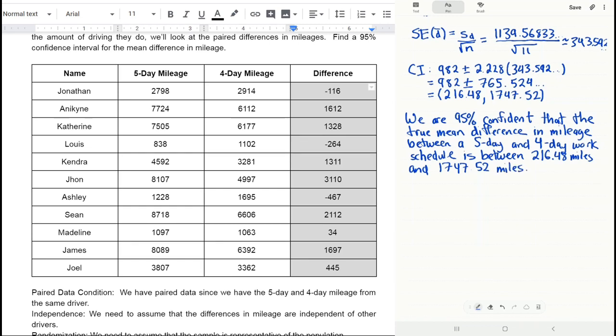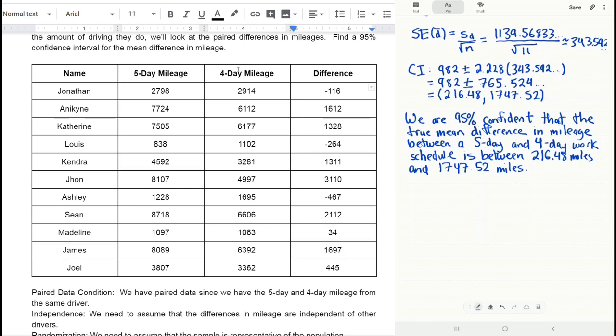Notice that the confidence interval is entirely positive. The way that we calculated the difference was taking the 5-day mileage subtracted by the 4-day mileage. If the difference between the 5-day mileage and the 4-day mileage is positive, then we know that the 5-day mileage is larger than the 4-day mileage.